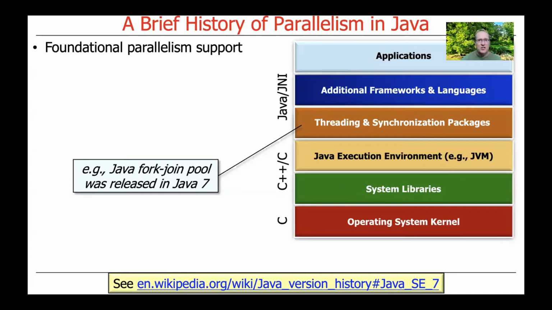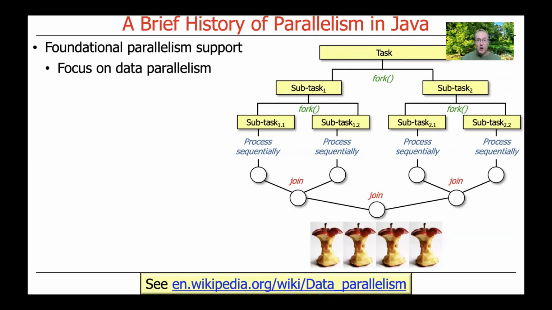A lot of these things are done in response to changes and enhancements in the underlying processor hardware. So the focus with the fork join framework was on so-called object-oriented data parallelism. And the idea is we take a big problem, we split it up into smaller chunks, and then we solve those chunks in parallel where the different parallel tasks work on different portions of the overall data that we're using as our input.